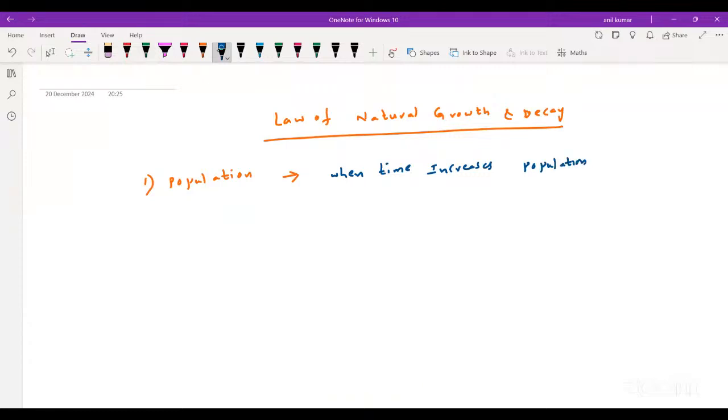Yes, dear students. If you compare today's population in India and tomorrow's population, will it increase or decrease? Increase.